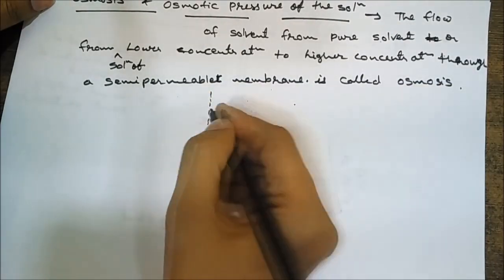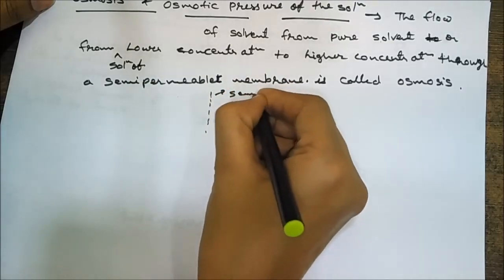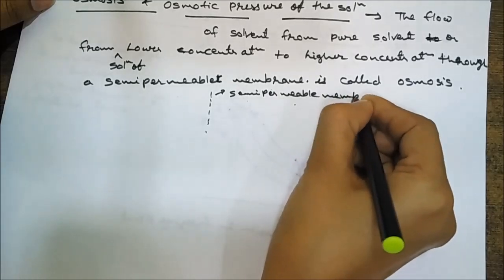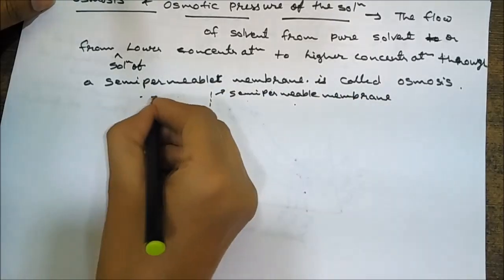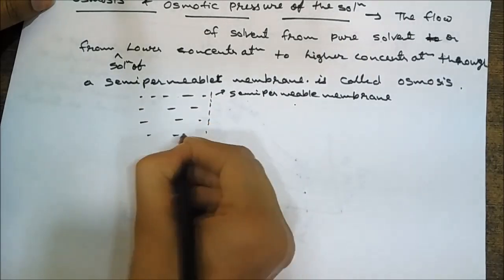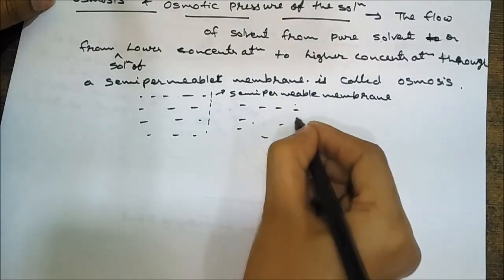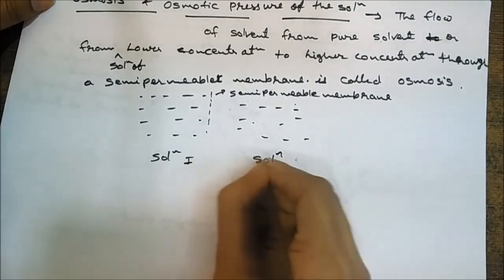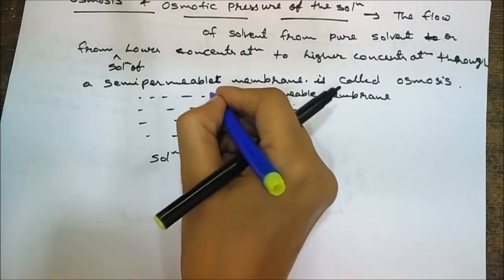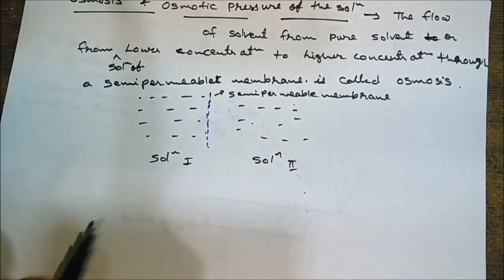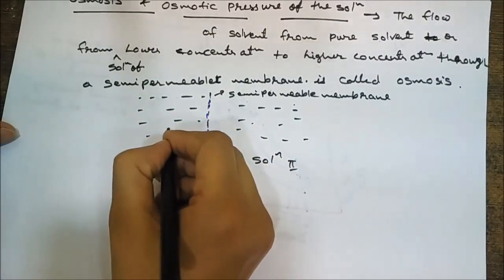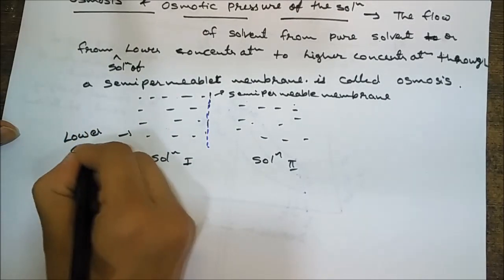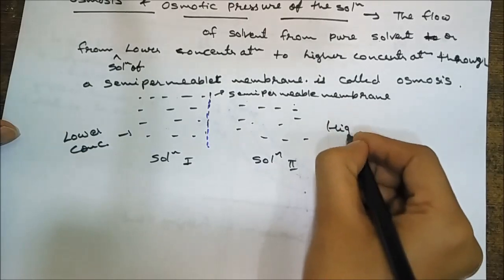If this is a semi-permeable membrane, here is solution 1 and here is solution 2. This solution has lower concentration, and this has high concentration.